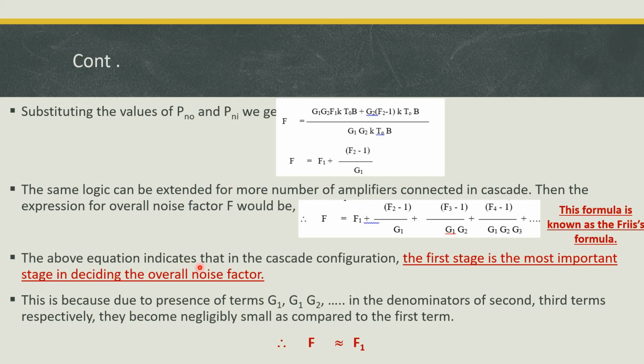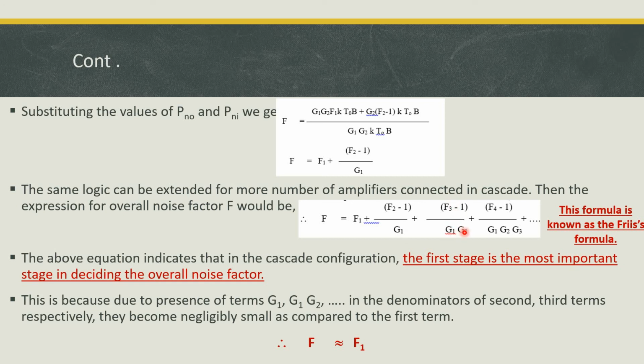The above equation indicates that in cascade configuration, the first stage is the most important stage in deciding the overall noise factor, because this F1 factor is very important, because based on this noise only it will be amplified in the next stage. Also the first factor is not divided by anything, but the second factor is divided by G1, the third factor is divided by G1 G2.